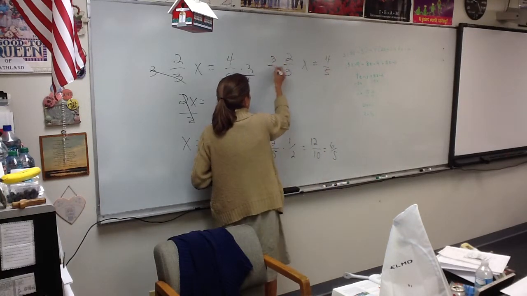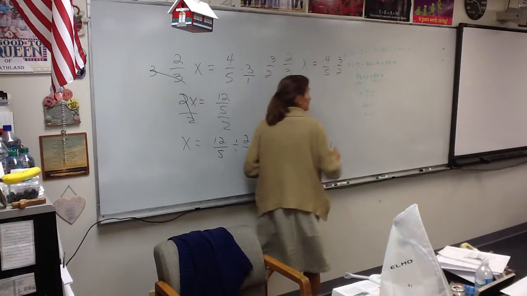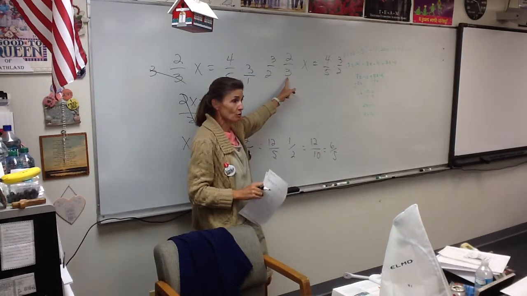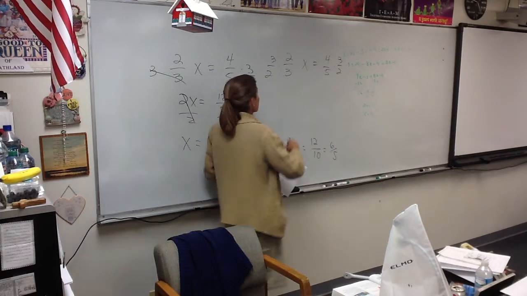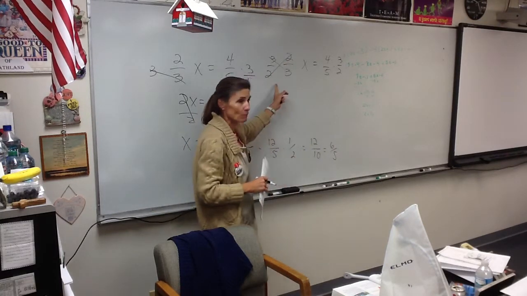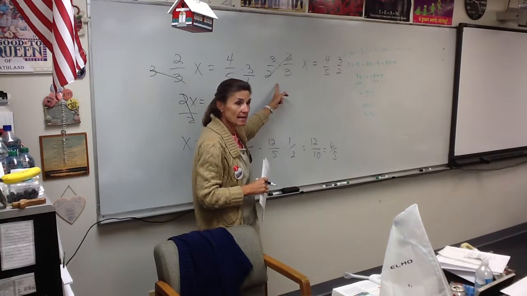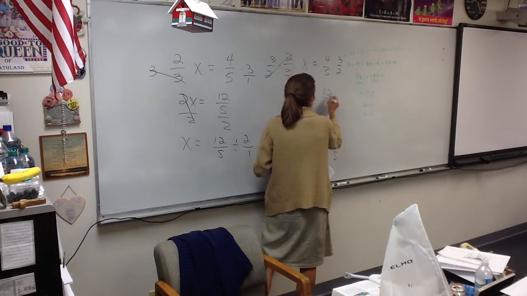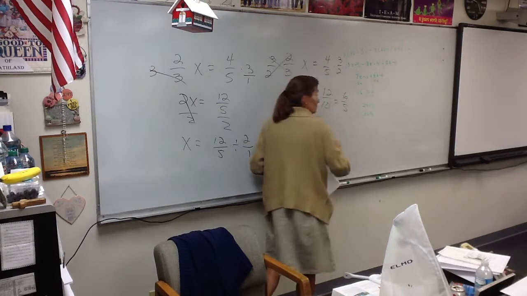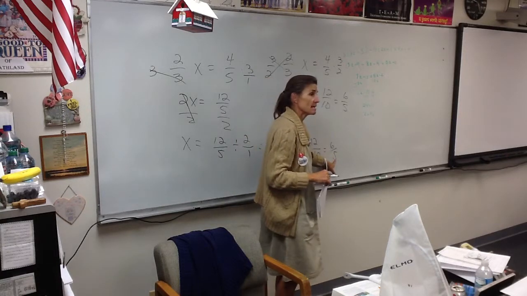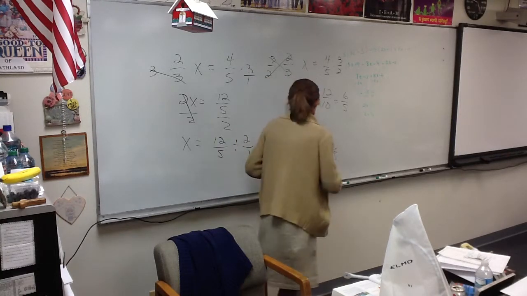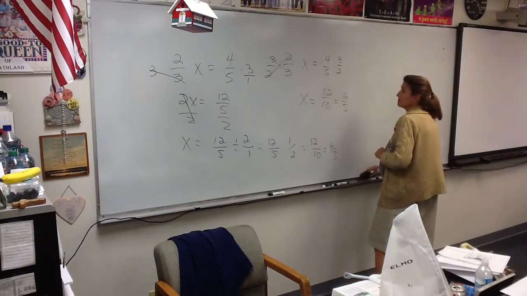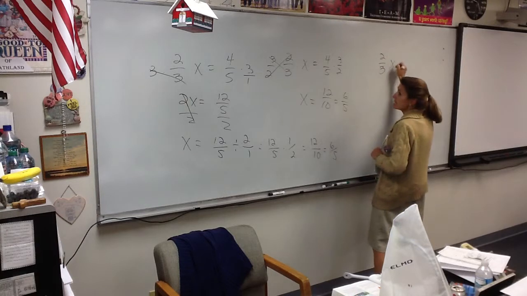If I found it out in the hallway and I knew I had to solve it, I would multiply both sides by 3/2. Because 3/2 times 2/3 does what? Cancels. These are called multiplicative inverses of each other. I would be left with x equal to 12/10, which reduces to 6/5. Did I get the same answer? Yeah. Somebody else who found it in the hallway may have said, that doesn't make any sense to me.